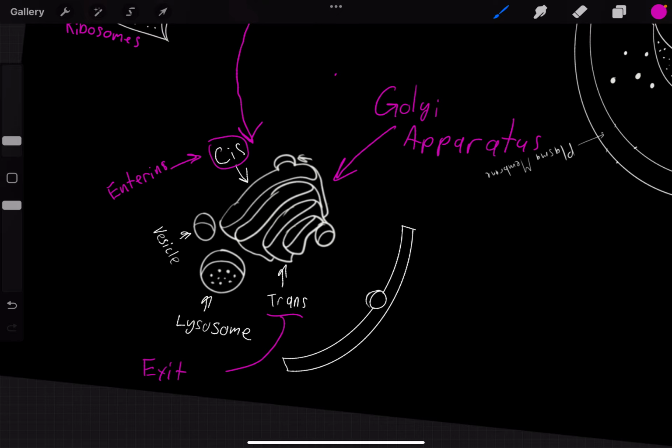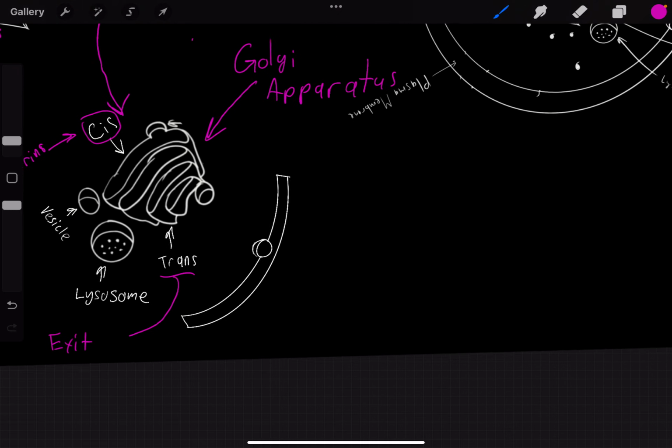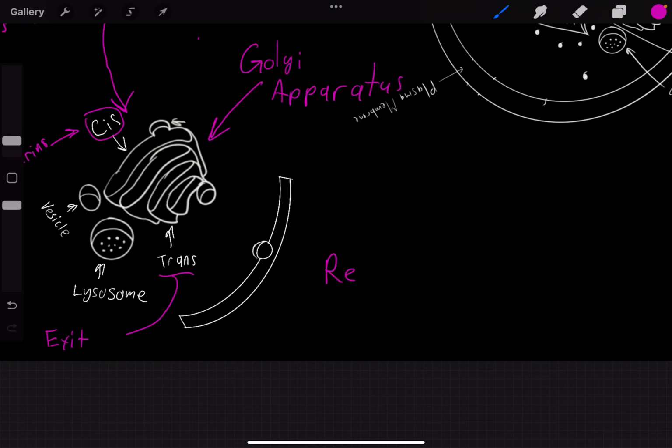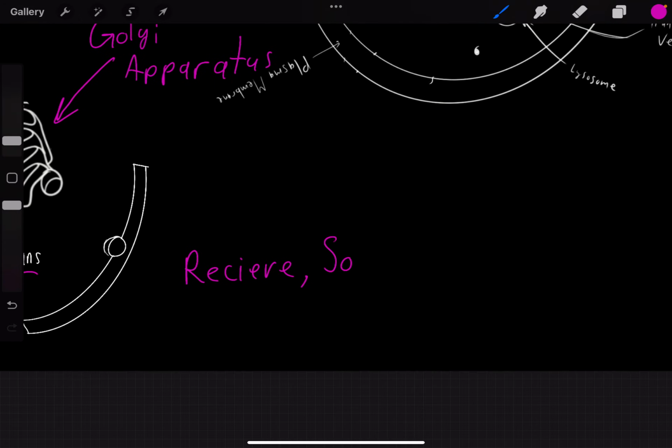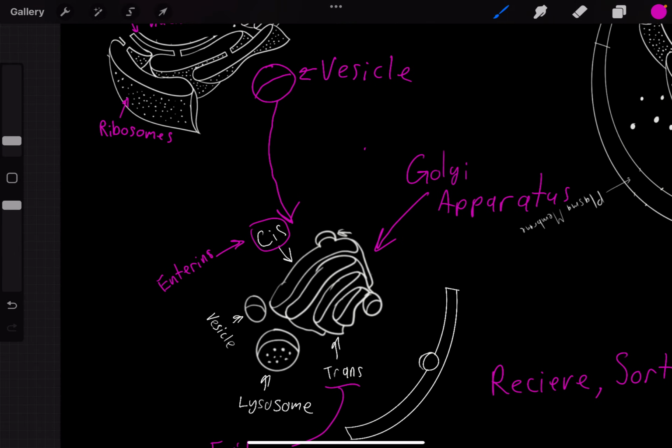The whole purpose of the Golgi apparatus is to receive, sort, and ship these proteins and lipids.